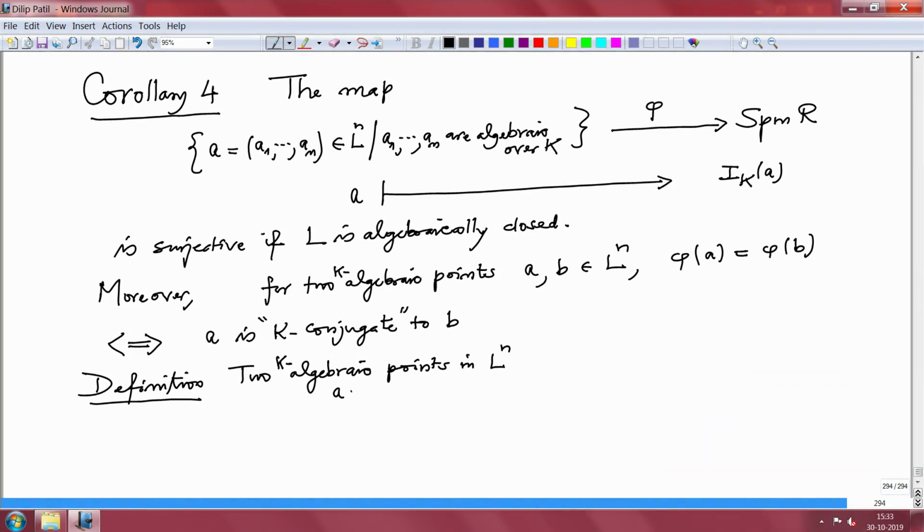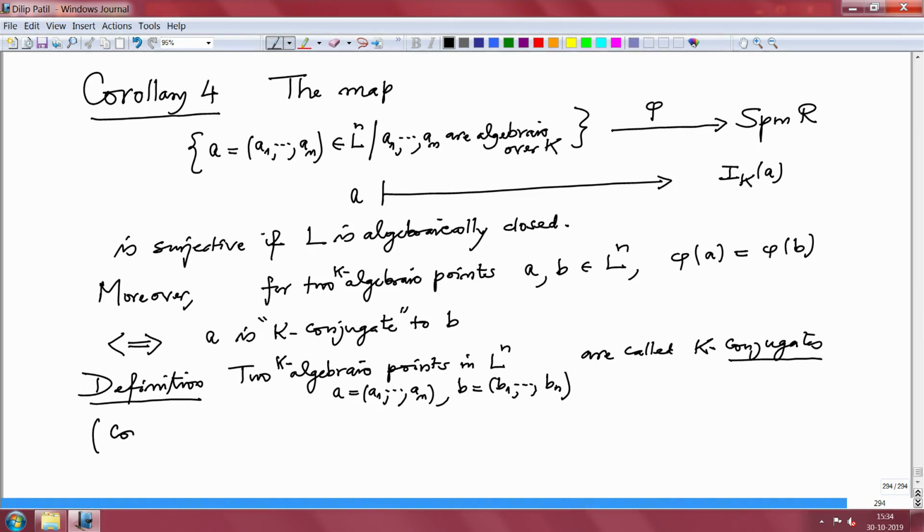Let us call them A equal to (A1,...,An) and B equal to (B1,...,Bn). They are called K-conjugates, or sometimes we will also write conjugate over K.